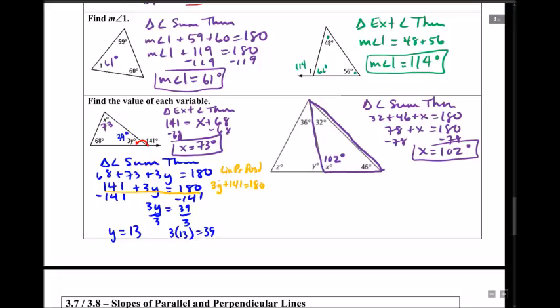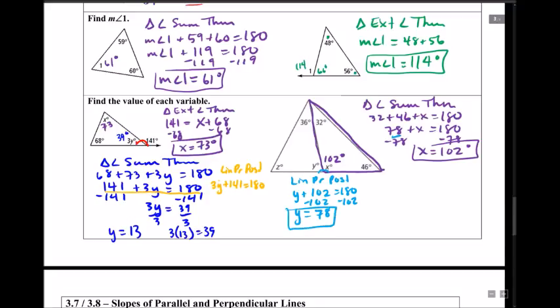Now, how am I going to get to my other triangle over here? I am going to use my linear pair postulate right there. Right? So, linear pair postulate says that y plus 102 equals 180. Subtract 102 from both sides. So y equals 78, which you should not be surprised by.